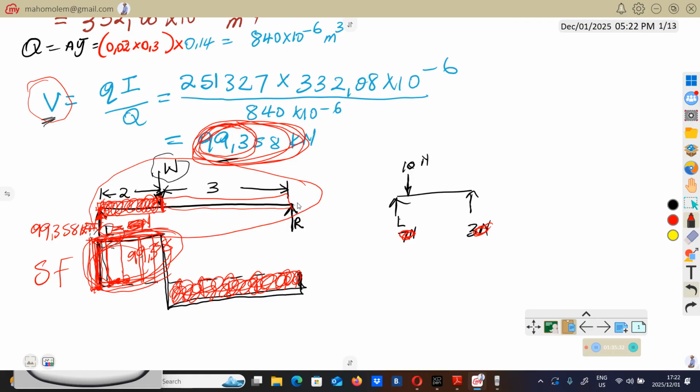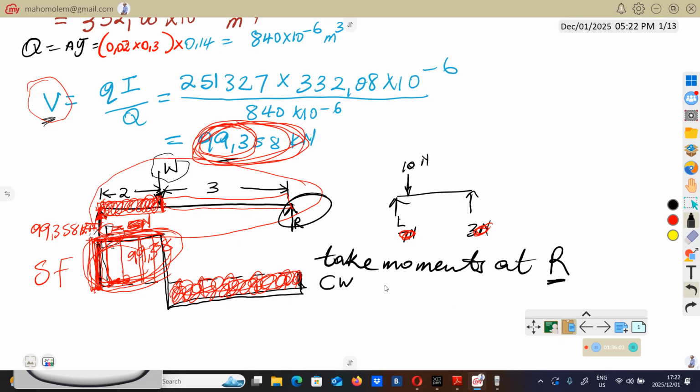To find the load, you can simply take moment here at point R. So let's take moment at point R. We know that clockwise moment equals anti-clockwise moment.